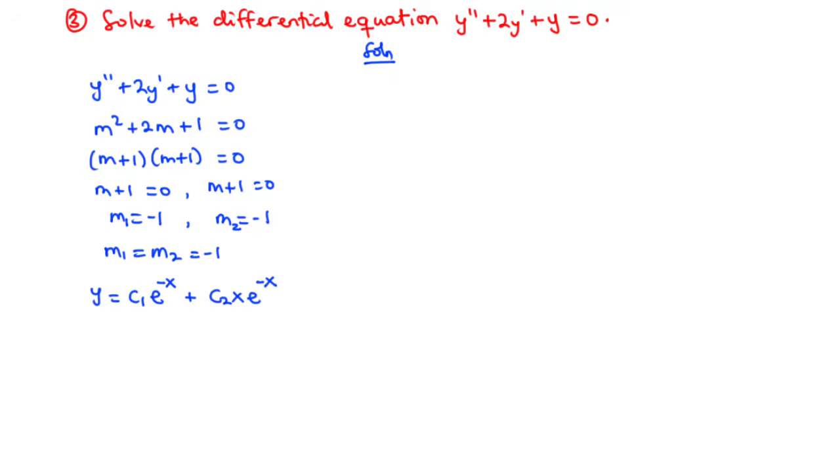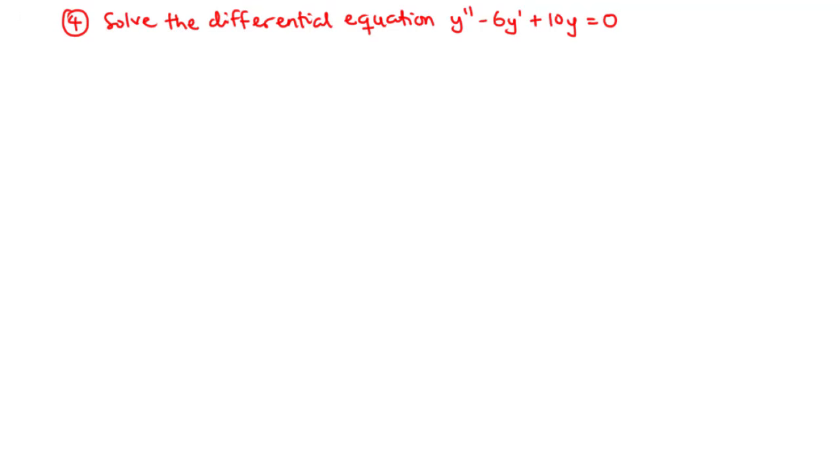Now let's move on to the last example, where we are going to solve the differential equation y'' minus 6y' plus 10y equals 0. Let's solve this together as well. So this becomes m squared minus 6m plus 10 equals 0.